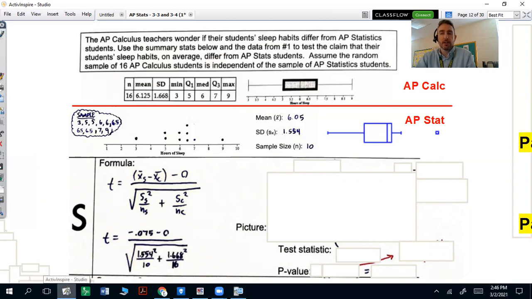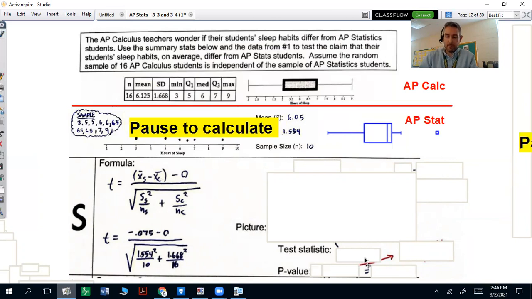So carefully pause to calculate that and see if you can get the same test statistic that I'm about to reveal.